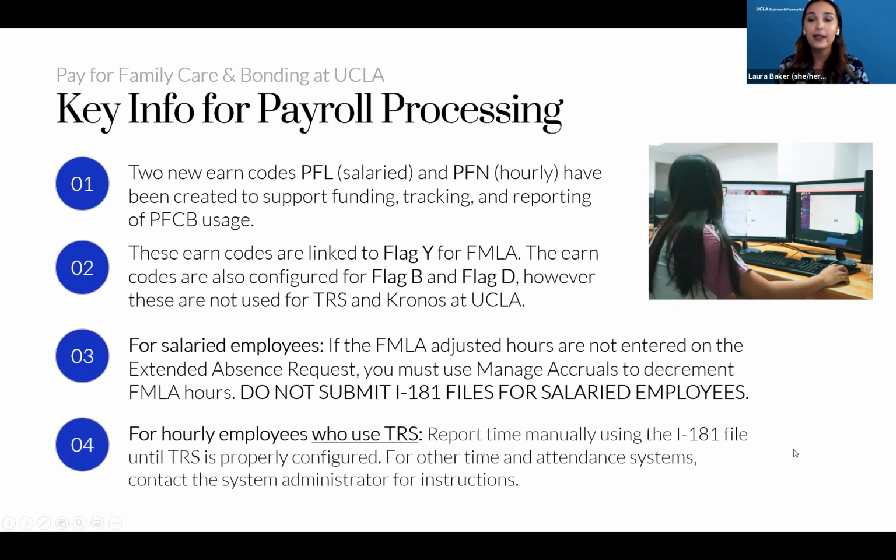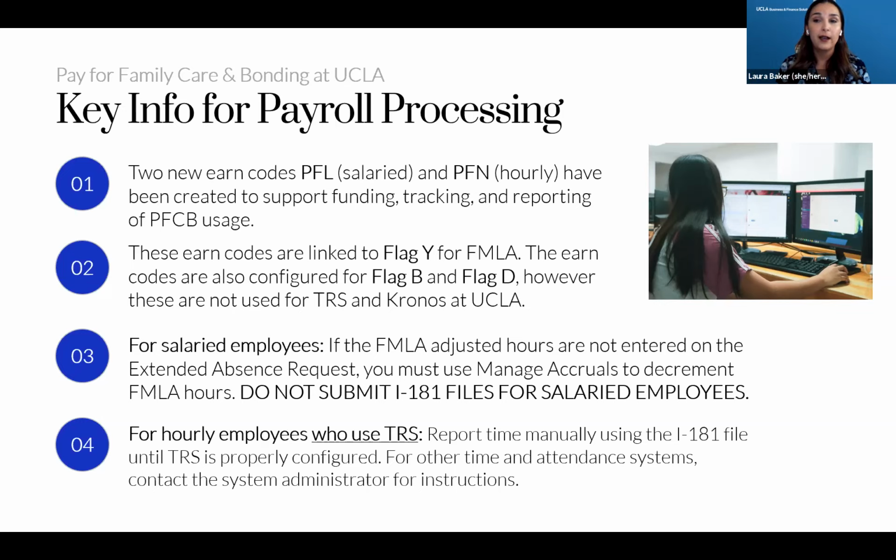And then lastly, for hourly employees who use TRS, and we're just talking about TRS here because the crew is the administrator for TRS. If you have hourly employees on different time and attendance systems, you'll want to make sure that you reach out to your time and attendance administrator to find out how those hours need to be reported.